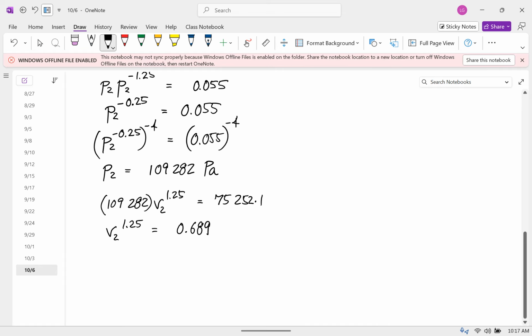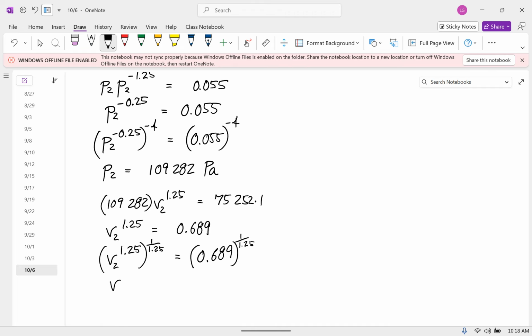And now I'm going to take both sides. I want V2 to the first power. So I'm going to take both sides to the 1 over 1.25 power. When you multiply those two exponents, you get 1. And so 0.689 to the power of 1 over 1.25.